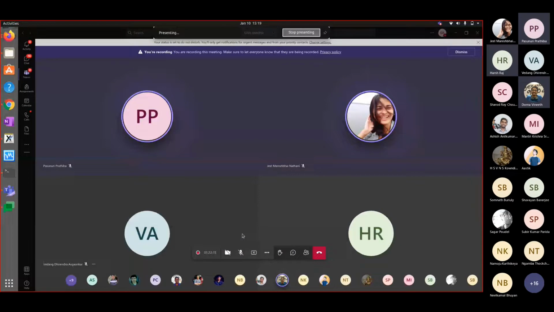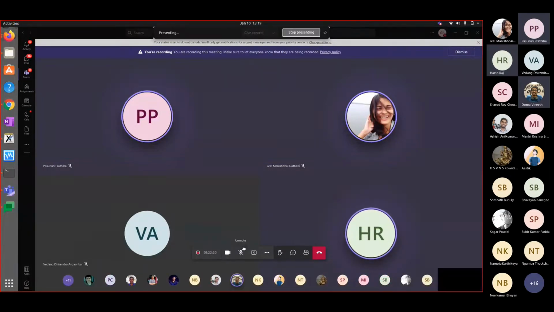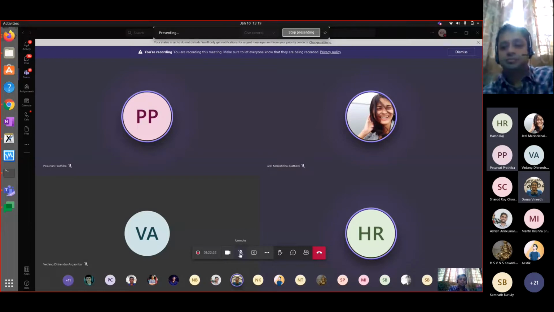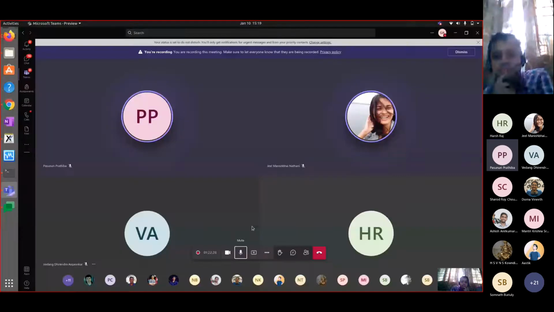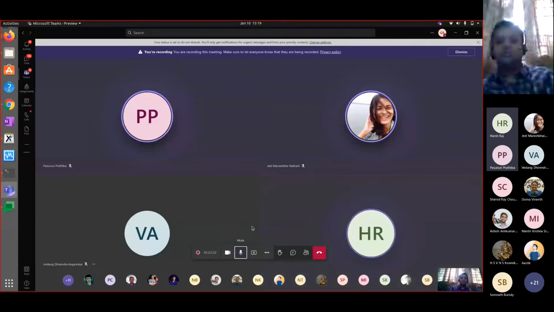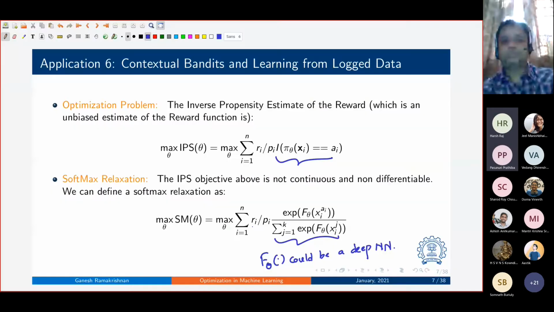Sir, why do we have this very large search space here? Where does that come from? Because we will have a finite number of AIs, right?